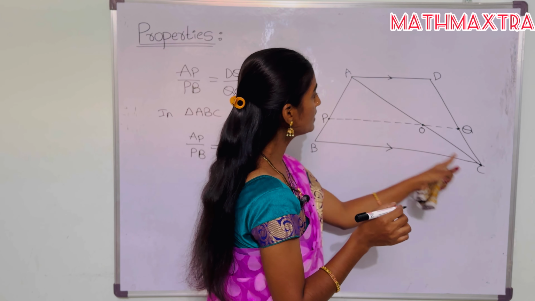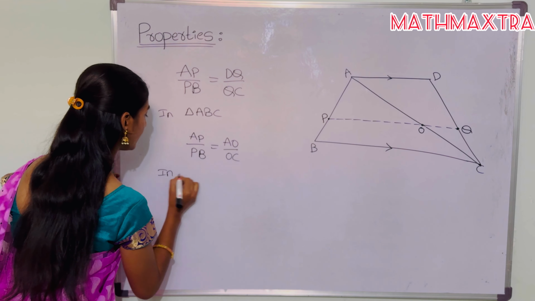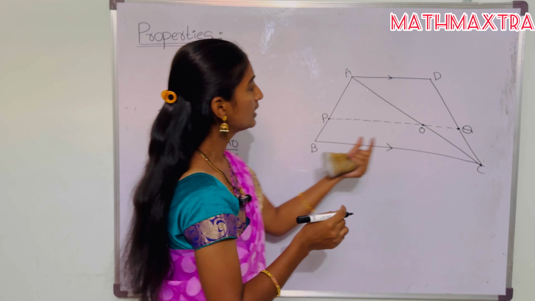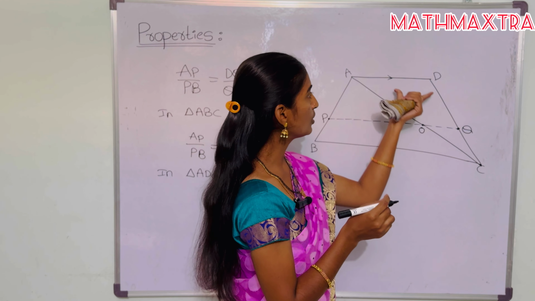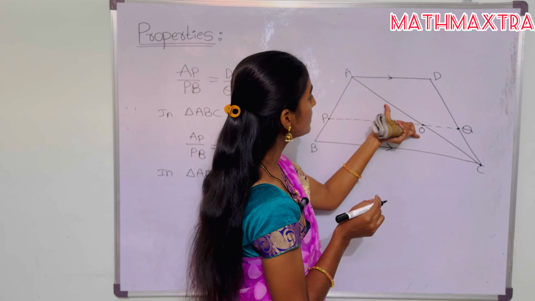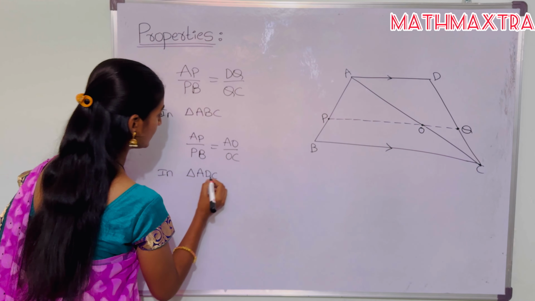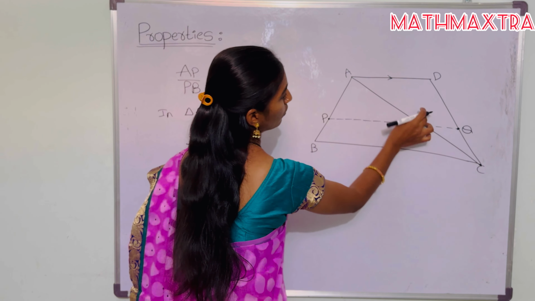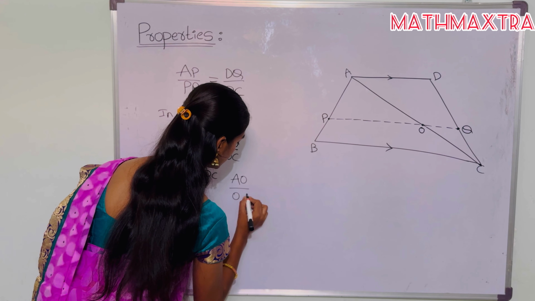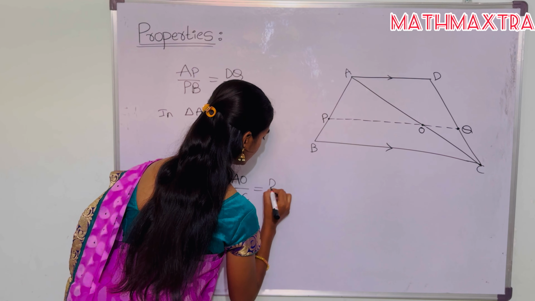This triangle, ADC. In triangle ADC, what happens? PQ is parallel to AD, that is why this line divides these two sides proportionally. So AO by OC is equal to DQ by CQ.